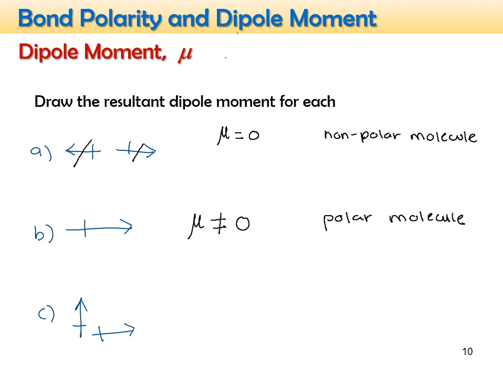So the resultant or the sum, you will get it in this direction. Okay, so can it be cancelled? No. Therefore, your mu here, dipole moment, will not be equal to 0. This is a polar molecule.